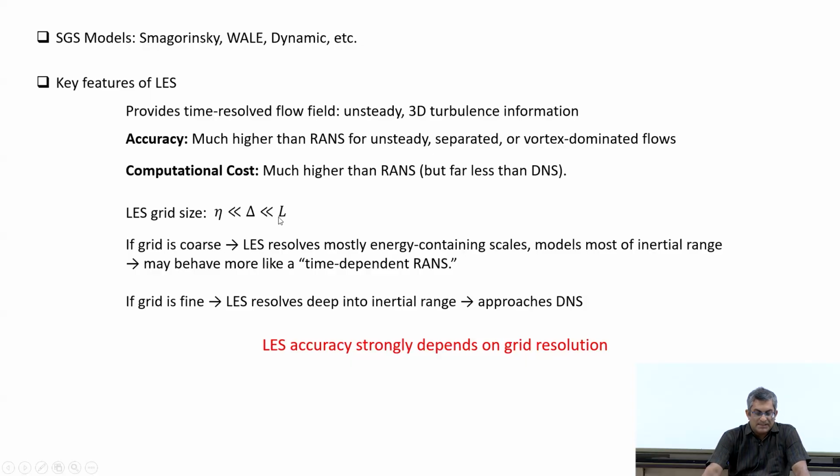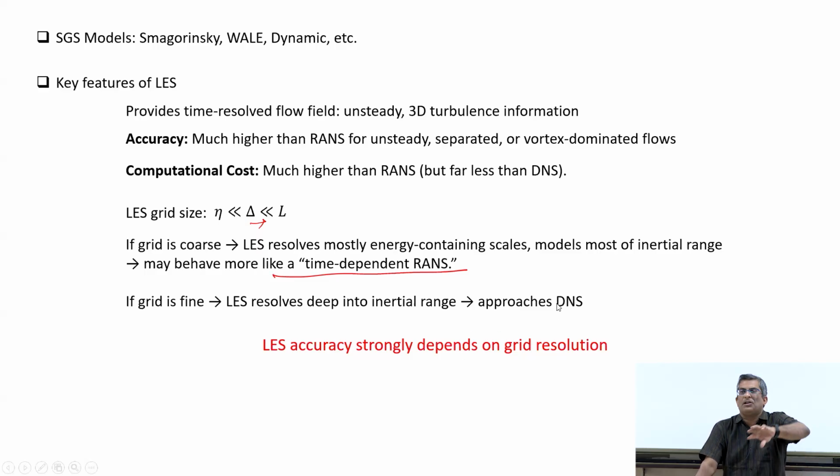If the grid size is coarse, if you move in this direction, then it will resolve mostly energy containing scales and model most of the inertial range, but it will behave more or less like a time dependent RANS. So if your grid size is larger and larger, you are going towards unsteady RANS. Similarly, if your grid size is smaller and smaller, then you approach DNS.